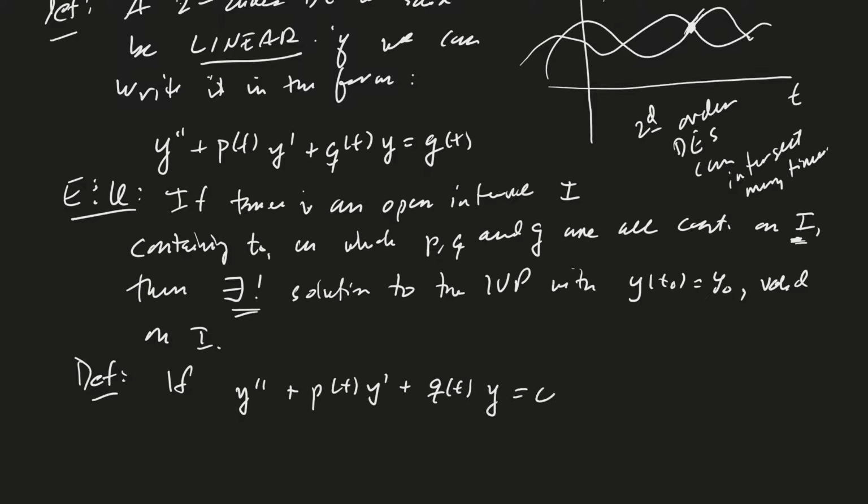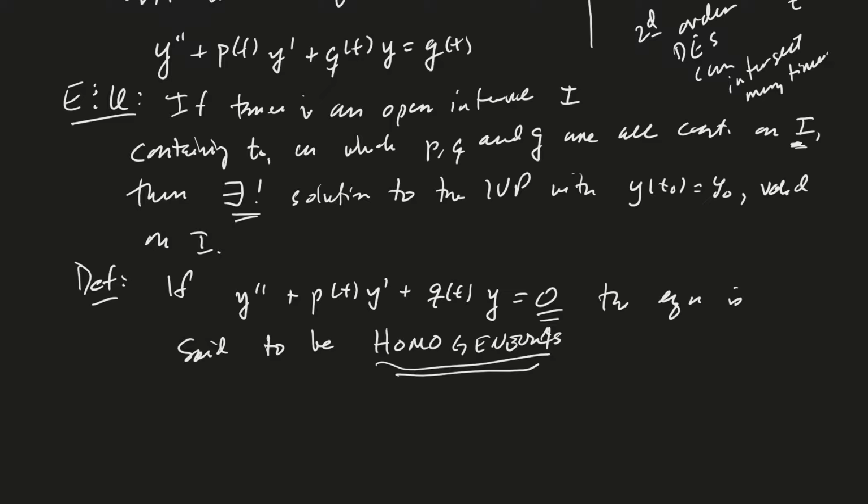Homogeneous. Why is that an issue? Because we've already used that word once before. So hopefully it's clear from the context which version of homogeneous you're talking about when you're using that term. I will try to be very clear about the context. We're not going to be talking about first order equations for a while.